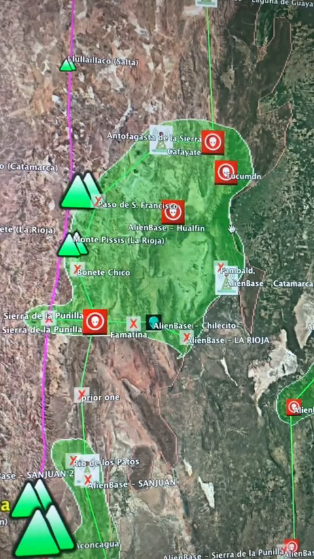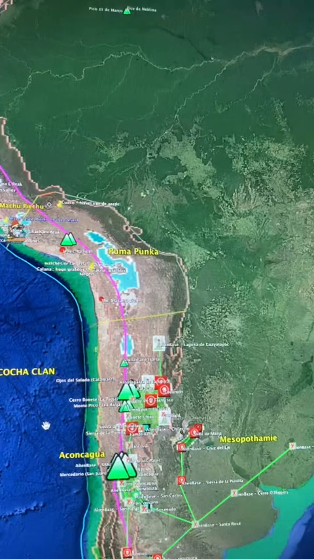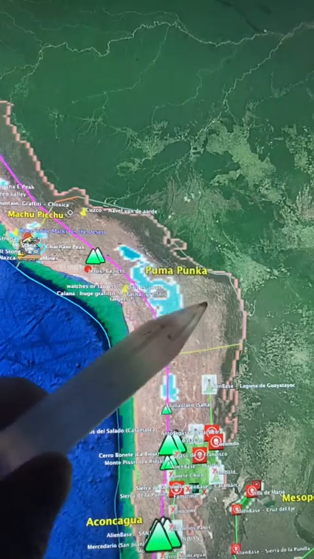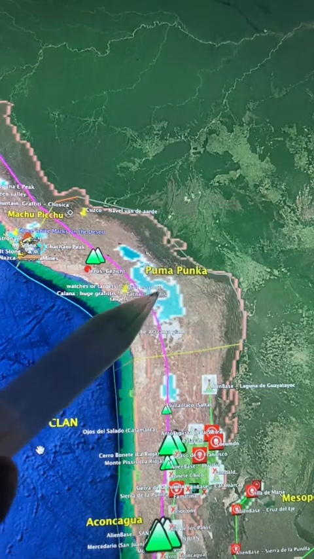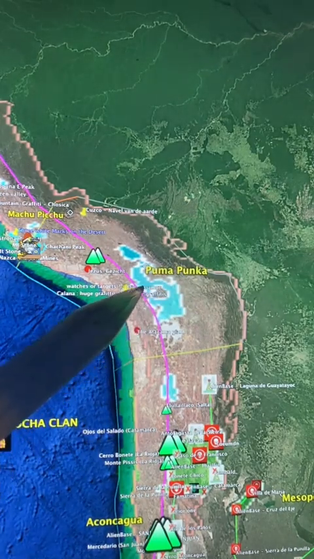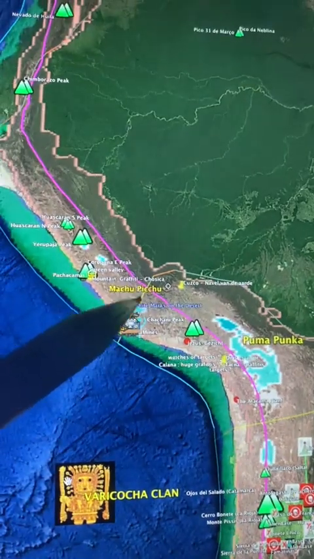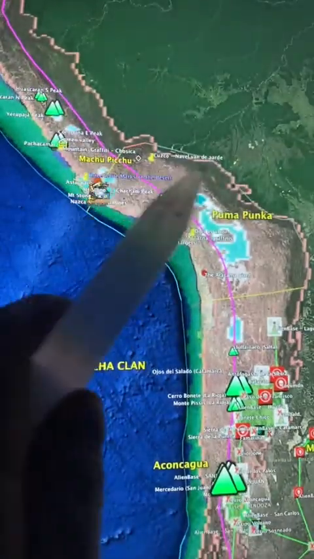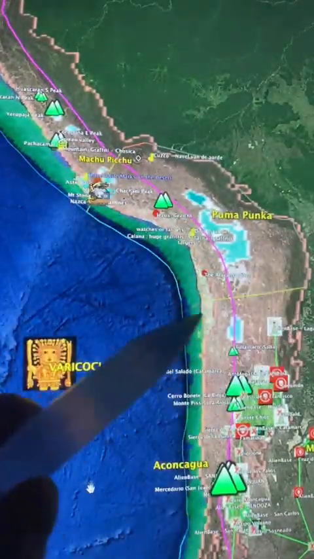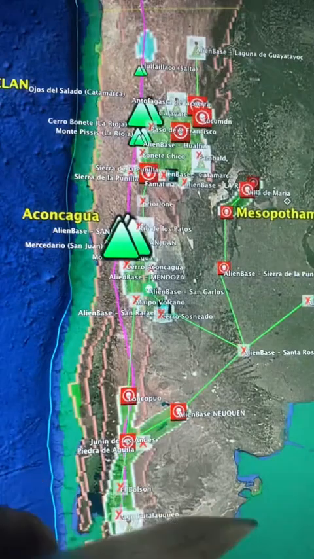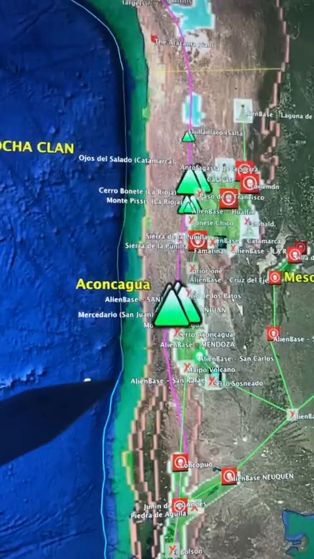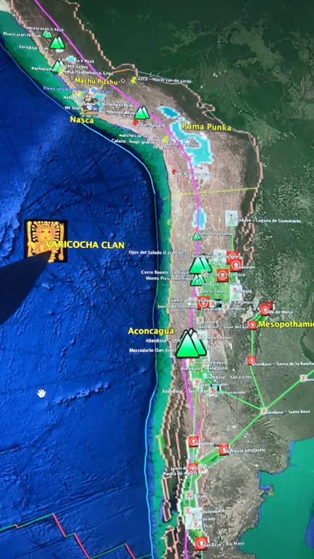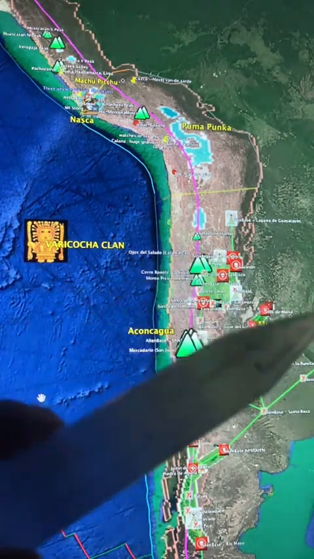You see also in the Andes an outer range of the alien bases, Pumapunku with Lake Titicaca. We have Machu Picchu, we have the Nazca lines. They're all situated in the garden, let me say, of these alien bases. I also name this alien region the Variosa clan, which is situated here.